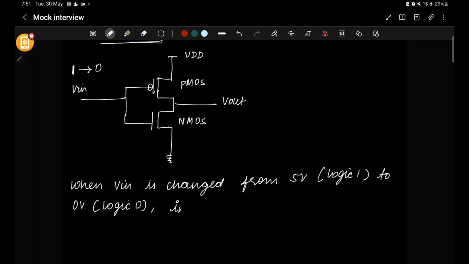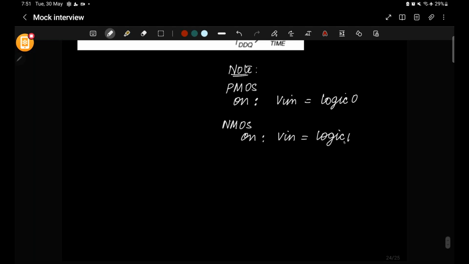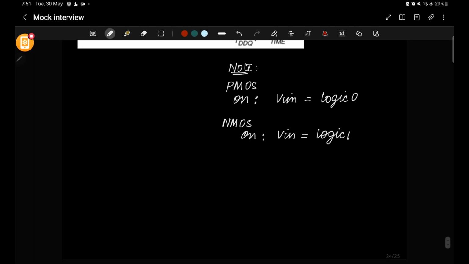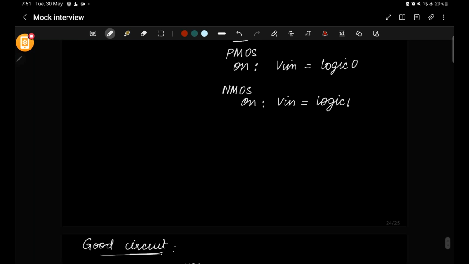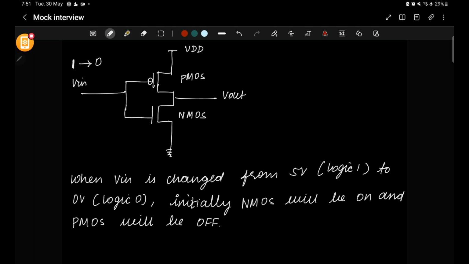Initially Vin is 1, so the NMOS will be on and the PMOS will be off.